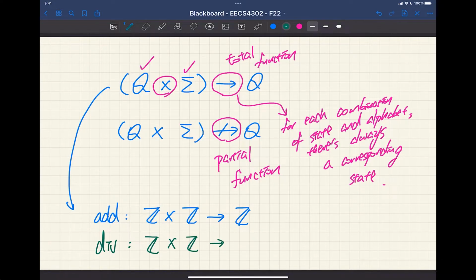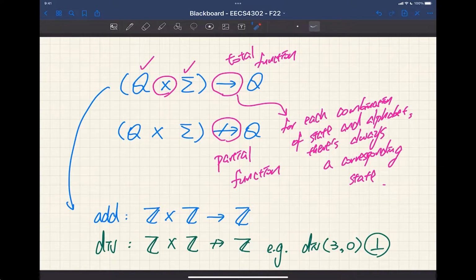However, not necessarily every combination of two integers will give you some defined result. For example, over here, if I say division, and then if I give you, for example, 3 divided by 0, in that case, it will be undefined. So that would be the symbol to look at, to see undefined.